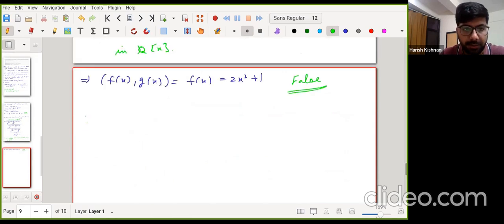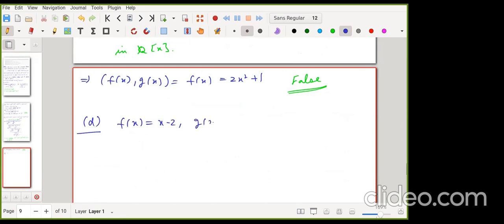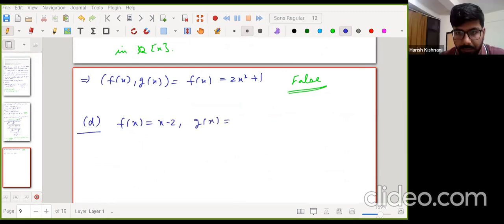So for the D part, our f(x) is x minus 2, g(x) is x^4 minus 7x squared plus 11x minus 10.